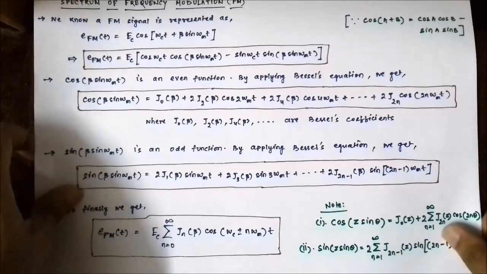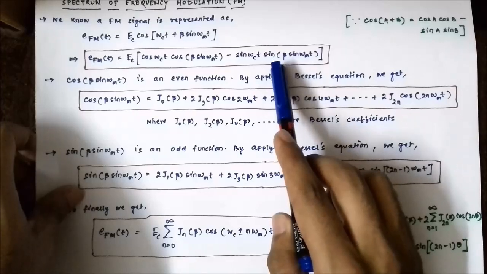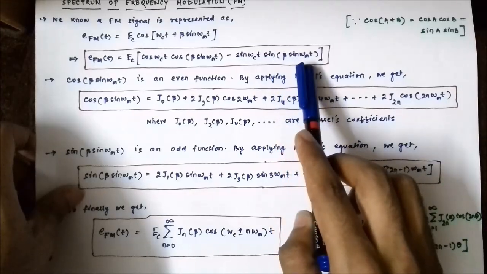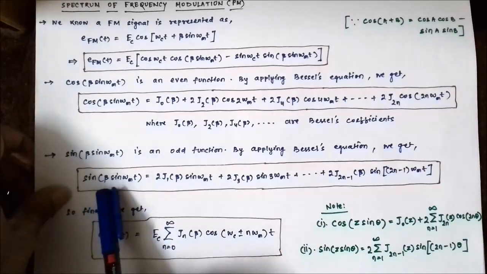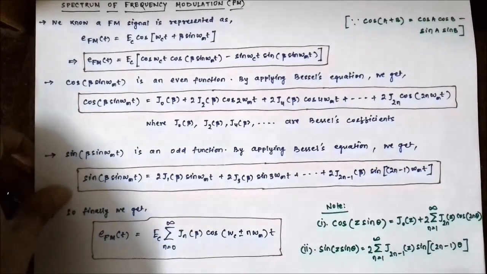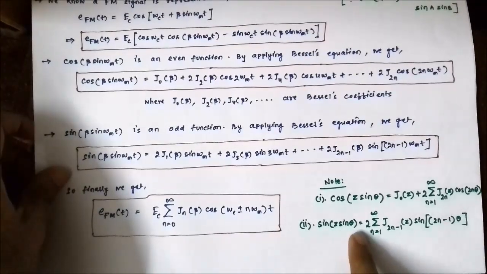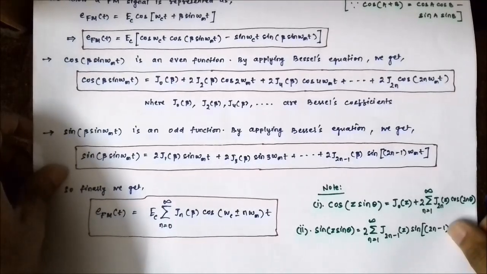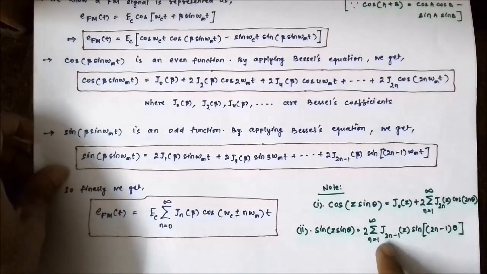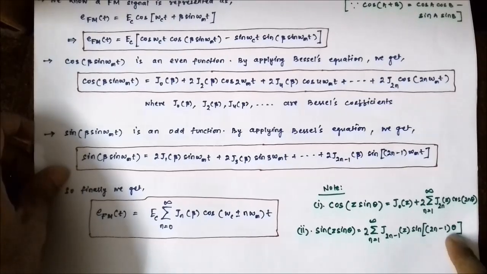Now the second interesting term involved here is sin(beta sin omega_m t). To expand this we use the identity sin(z sin theta), which is equal to 2 times the summation from n equals 1 to infinity of J_(2n minus 1)(z) sin (2n minus 1) theta.